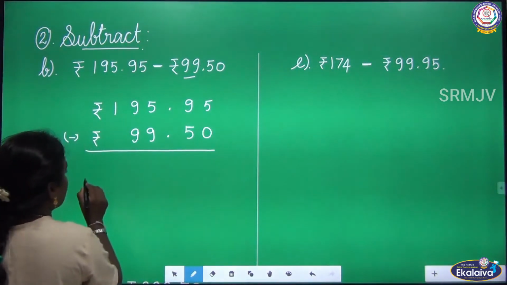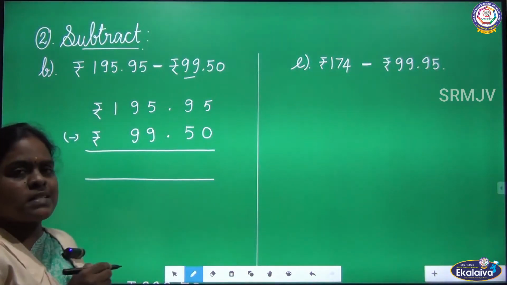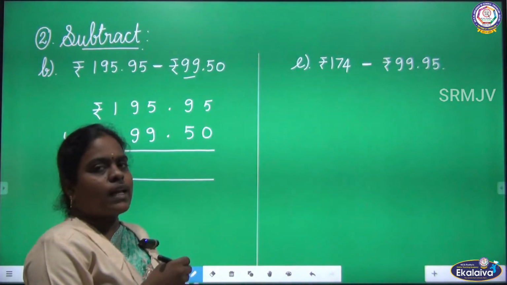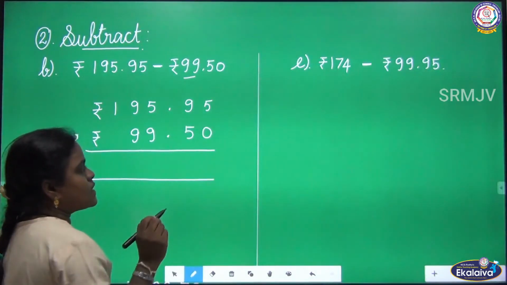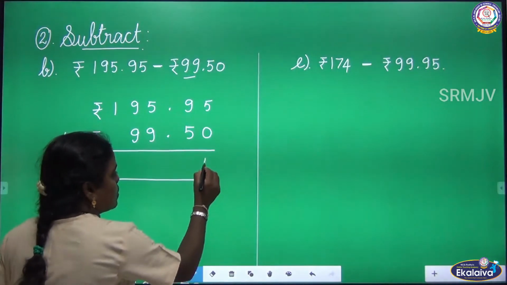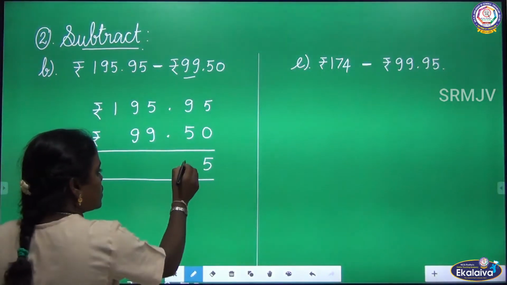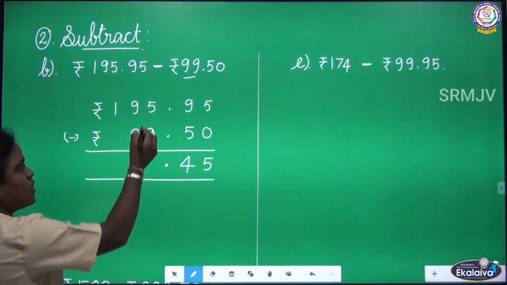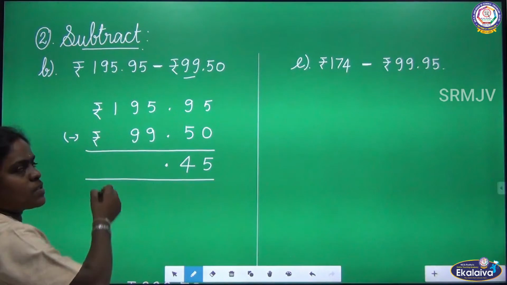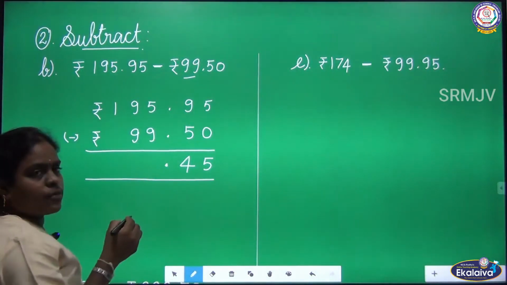Before subtracting the numbers, let us check whether the first number is bigger than the second number. 5 minus 0, it is 5. 9 minus 5, it is 4. Decimal point. Now subtract the numbers in the rupees column. 5 minus 4.